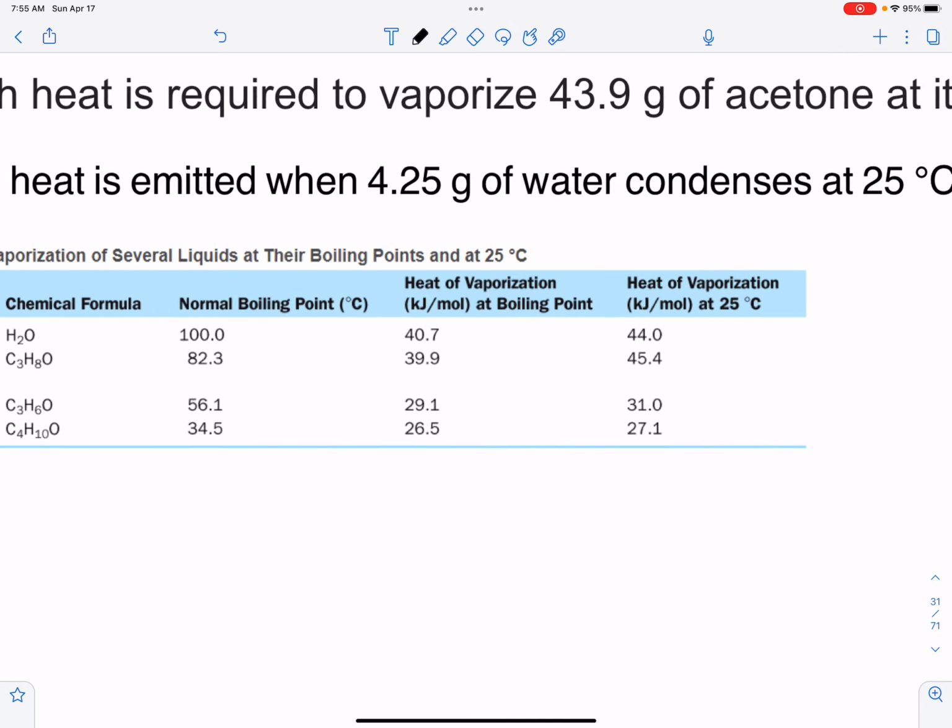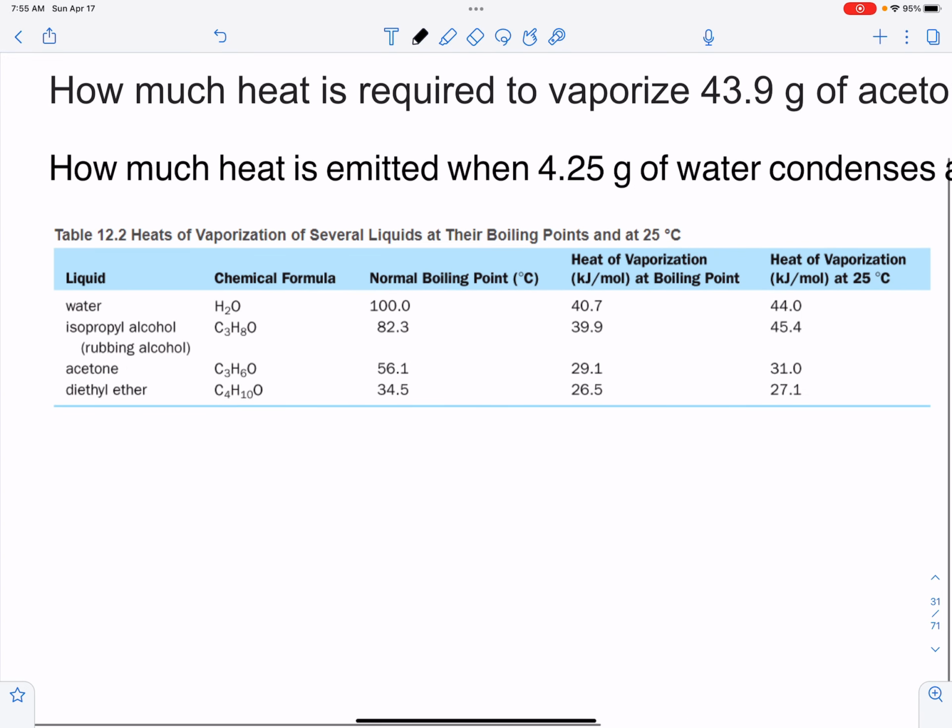Obviously, we need additional knowledge. So we're going to look for acetone. We're looking for the boiling point. The boiling point is 56.1 degrees Celsius. And the heat of vaporization that we're looking for is not at 25 degrees, it's the one at the boiling point.